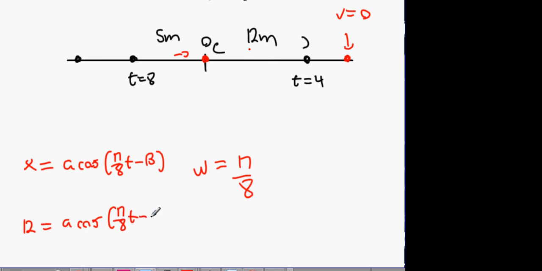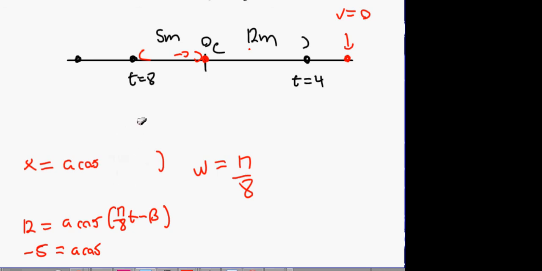Now, this displacement here, it's not 5, it's going to be minus 5, because it's to the left. Minus 5 equals a cos. Now, I forgot to put in the time. t equals 4. So I can put a 4 in here.